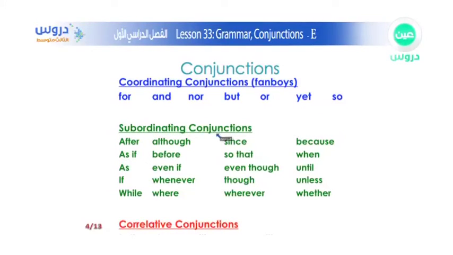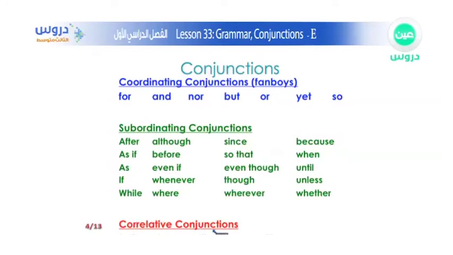Subordinating conjunctions: after, as if, as, if, while, although, before, even if, whenever, where, since, so that, even though, wherever, because, when, until, unless, whether.